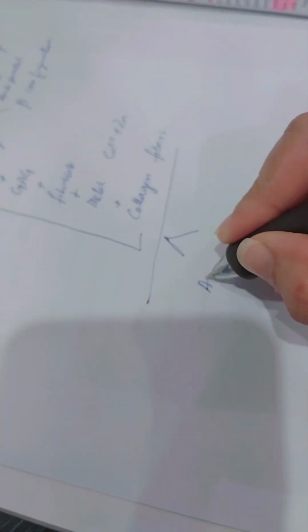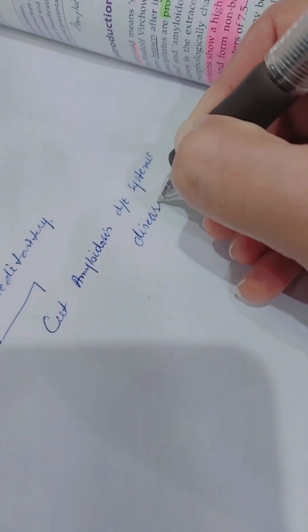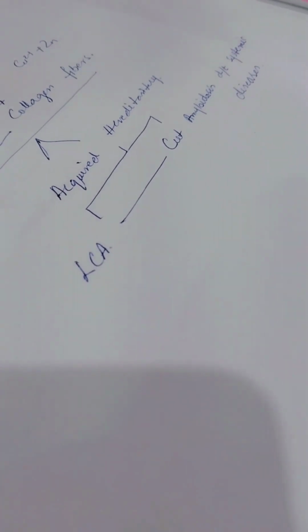If we classify amyloidosis, it is classified into two groups: one is acquired, which is non-hereditary, and one is hereditary. On further subclassification, it is divided into localized cutaneous amyloidosis and cutaneous amyloidosis due to systemic diseases.